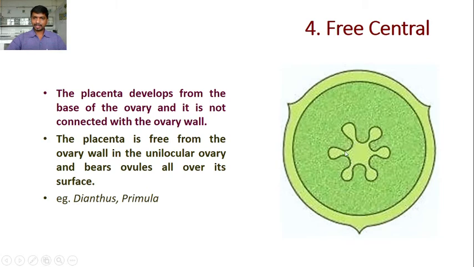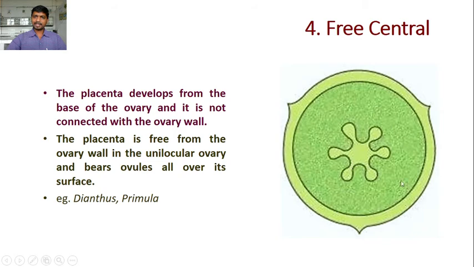So this is the placenta on which the ovules have developed freely. So it is precentral. The ovules have developed at the center of the unilocular ovary where the placenta has developed, bearing many ovules on its surface. Such type of placentation is precentral, found in the Dianthus and Primula flower.